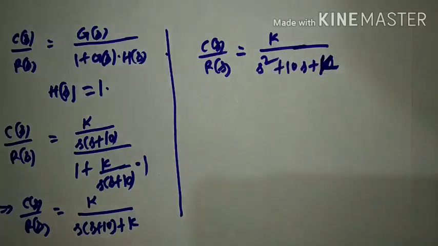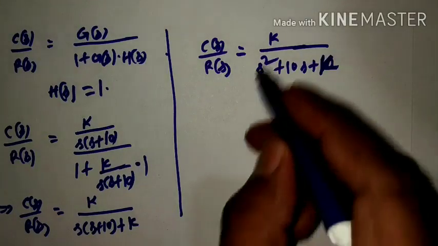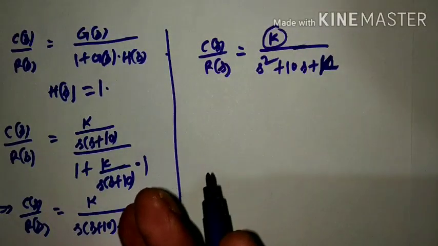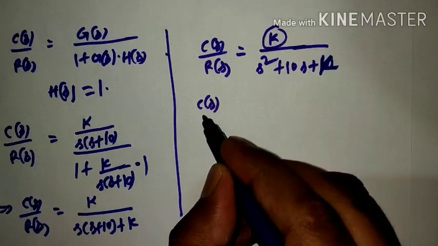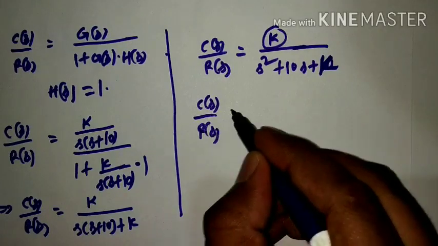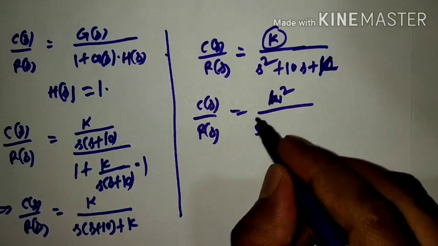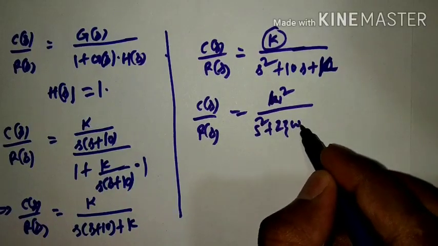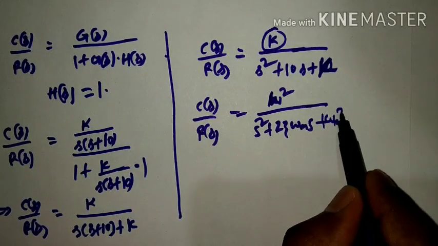Now the value of K can be evaluated by comparing the system transfer function with the standard form of the second order transfer function. The standard transfer function C of s by R of s is omega n square by s square plus 2 zeta omega n s plus omega n square.